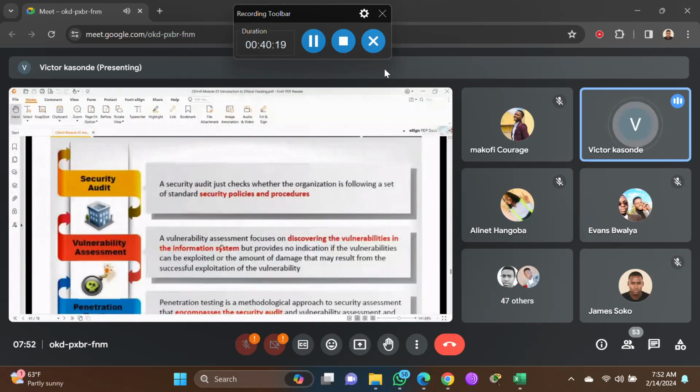Here, vulnerability assessment focuses only on discovering the vulnerabilities in the information system, meaning the weaknesses, but provides no indication if the vulnerability can be exploited or the amount of damage that may result from successful exploitation of the vulnerability. That is the vulnerability assessment.